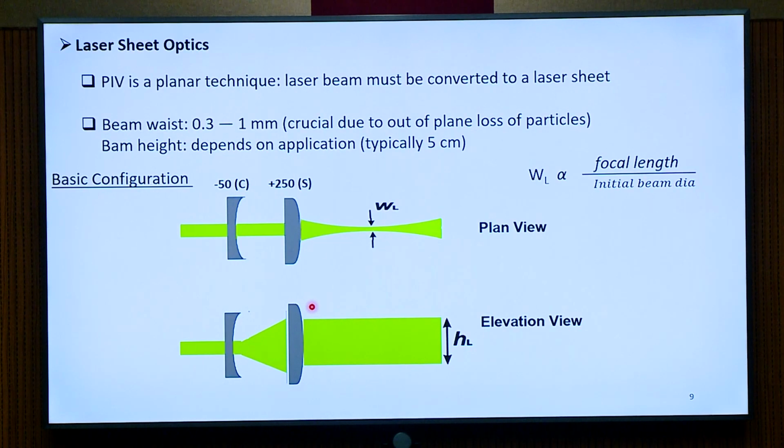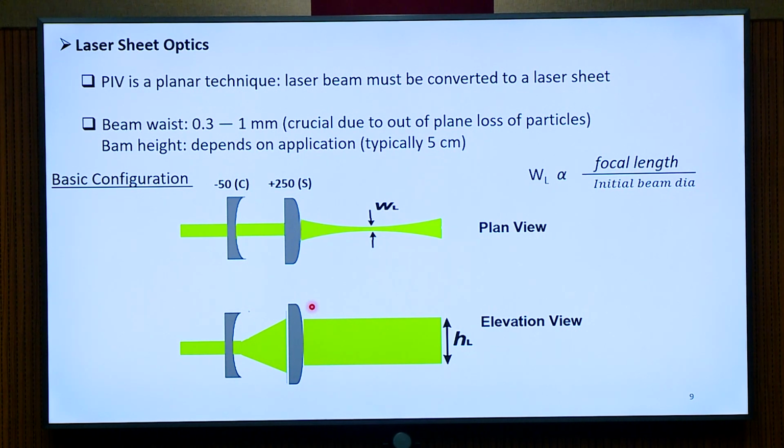Okay, so one has to carefully design the laser sheet optics. The technique is a planar technique, which means that we illuminate a plane. Now again, in practice, there is nothing called a plane. You always illuminate a volume, because a laser sheet has some thickness also.